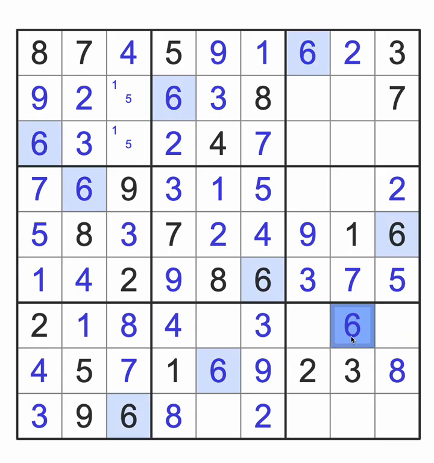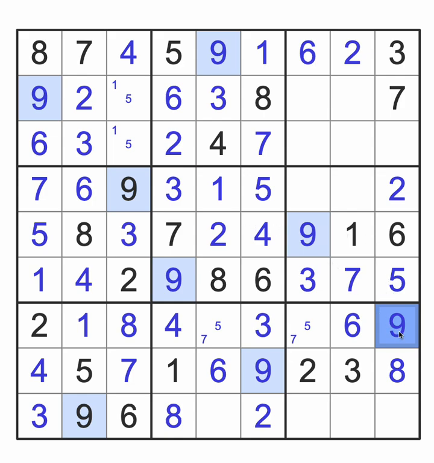Gives me 6 here. 5, 7, 9. These will be 5, 7, and 9. This cell is blocked by 5 and 7. Gives me 9.